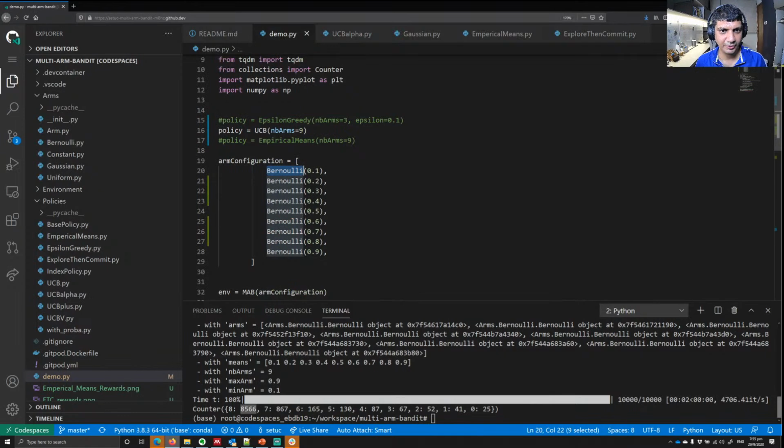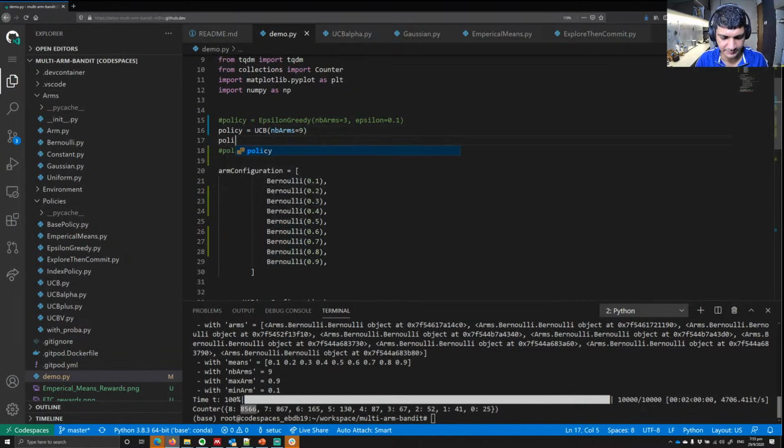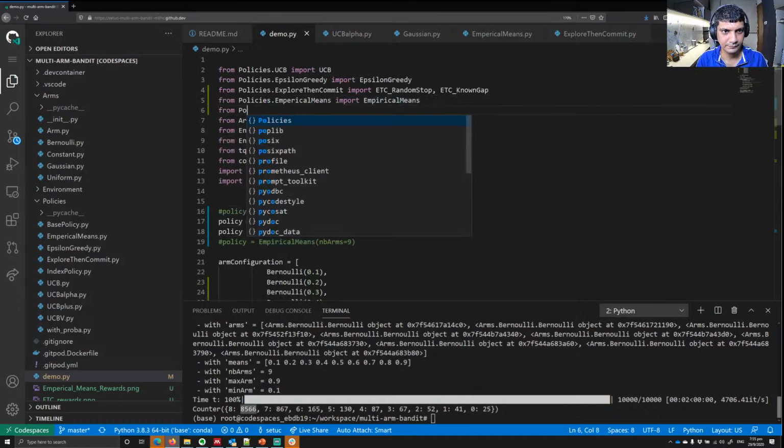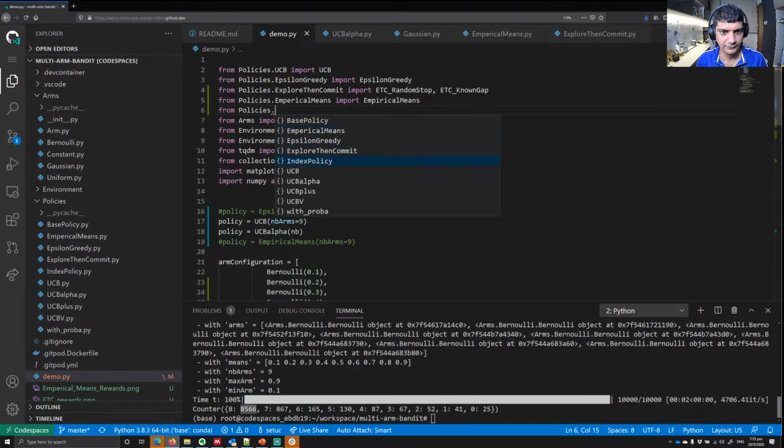So I'm going to pick another policy. It's not imported, so let's import that. I have UCB alpha, import UCB alpha.